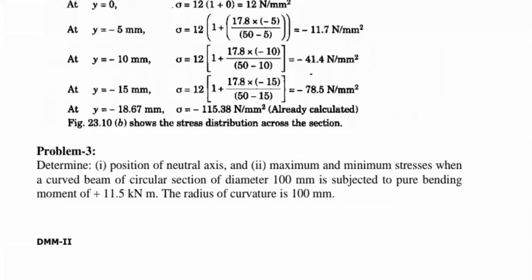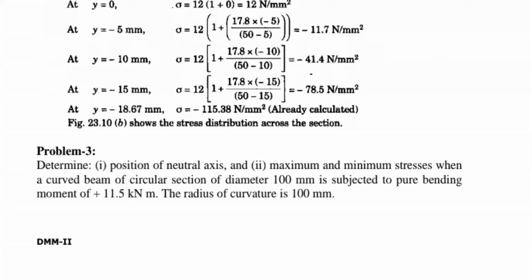So why are we studying these cross sections, and why do we not move directly to the crane hook problem? While dealing with crane hook problems, we normally experience trapezoidal and circular cross sections, because you are dealing with different types of curved beams, and most of the cross sections are only these.